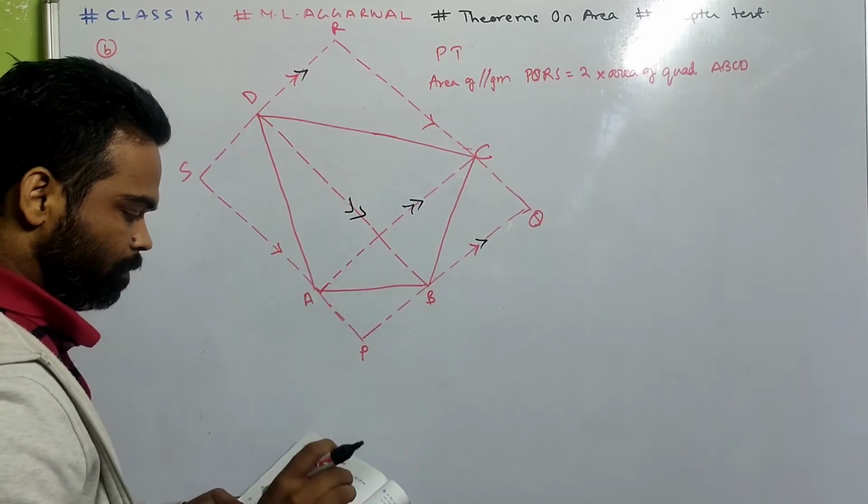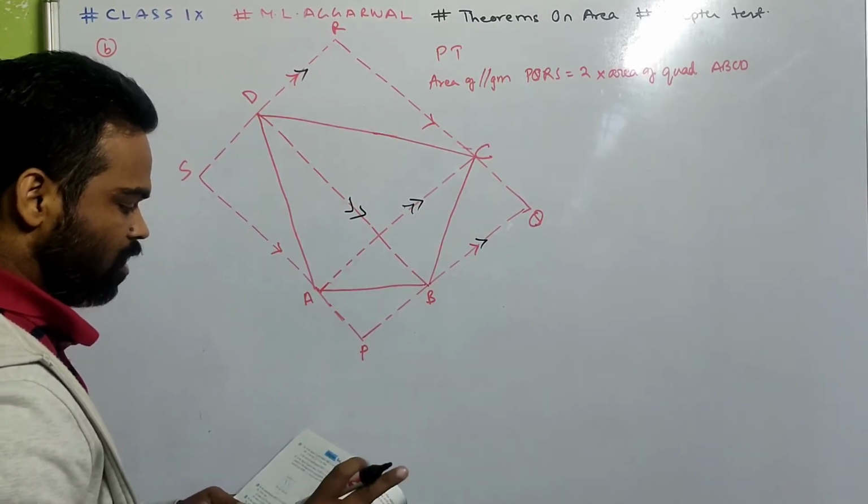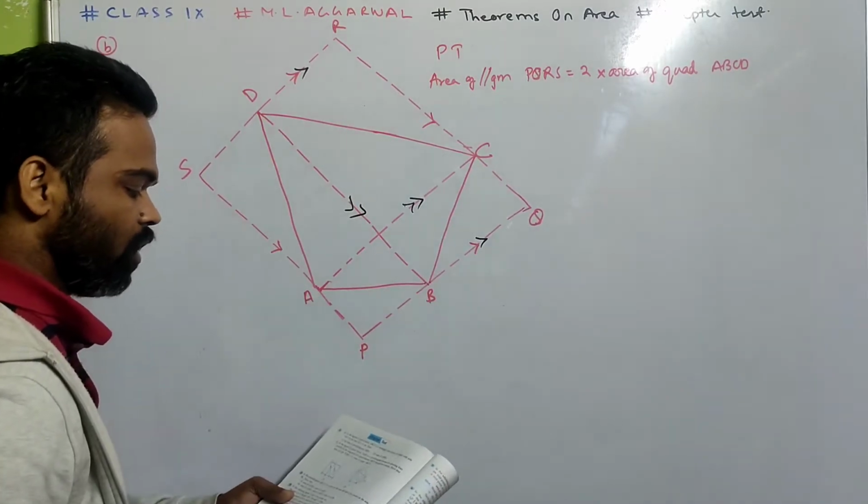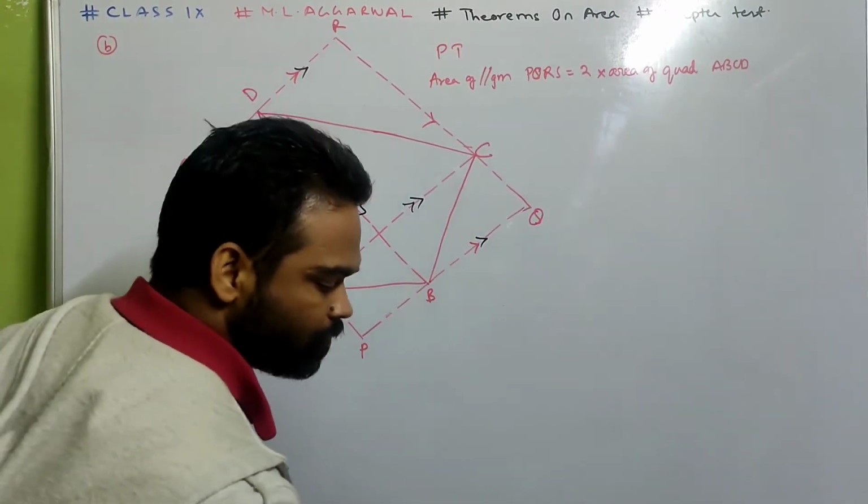Prove that area of parallelogram PQRS is twice the area of quadrilateral ABCD.